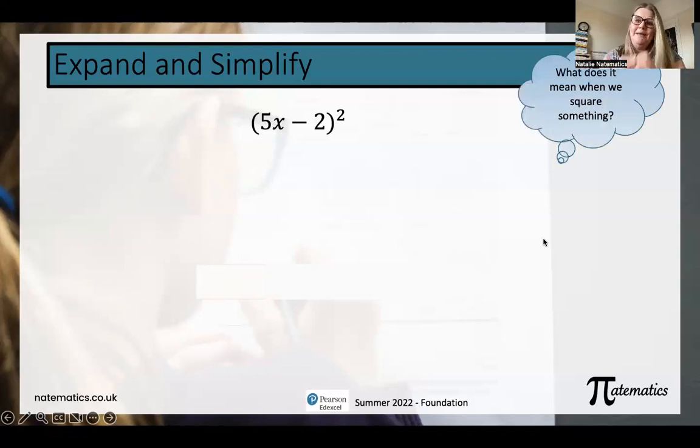So what does it mean when we are squaring something? This is a very, very key question to ask yourself when you get questions that you're not quite sure what to do with. What do I do when I square something? Don't worry about the detail here for now. Obviously, if you know what to do, go ahead and do it. This is aimed at those who are perhaps looking at it and thinking, not quite sure what to do.